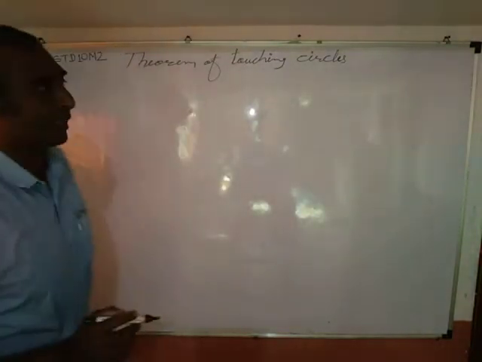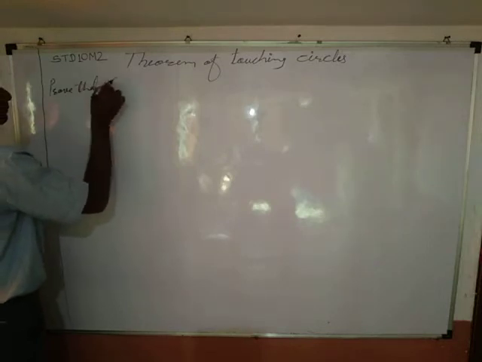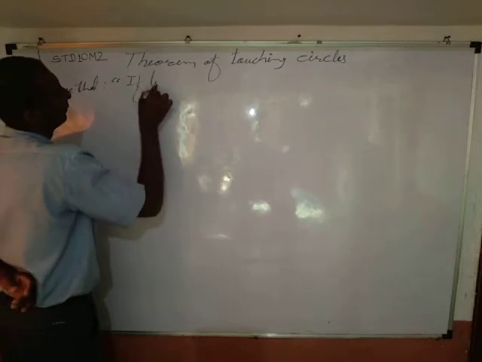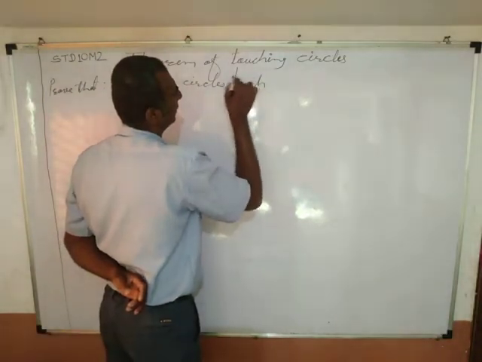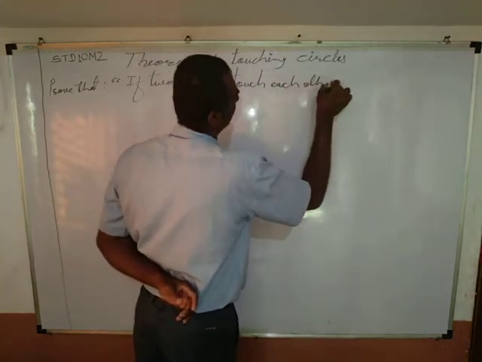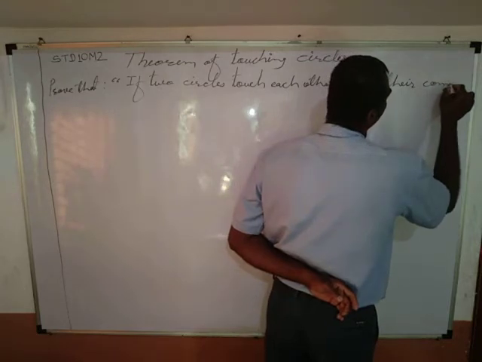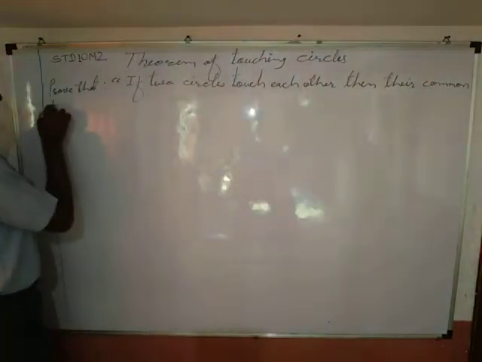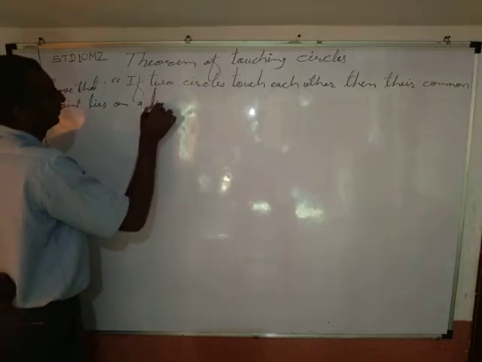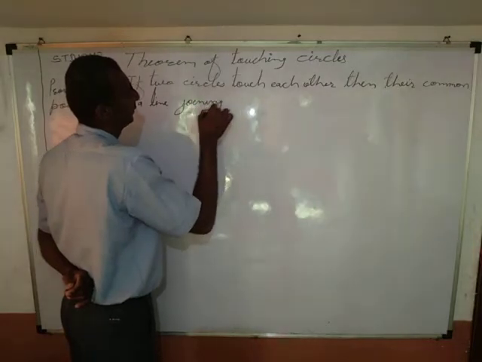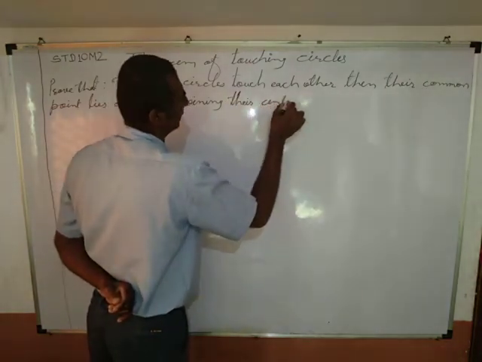Now let's see the theorem of touching circles. Prove that if two circles touch each other, then their common point lies on the line joining their centers.